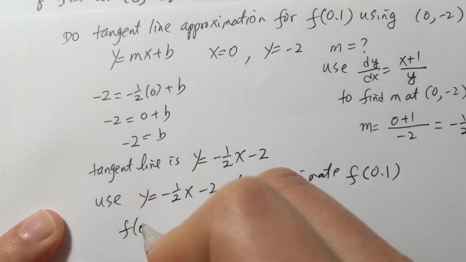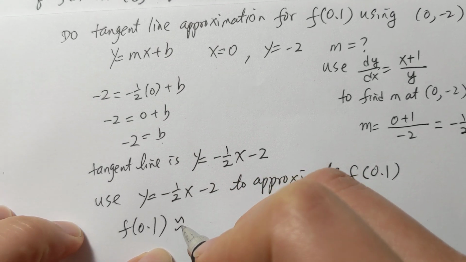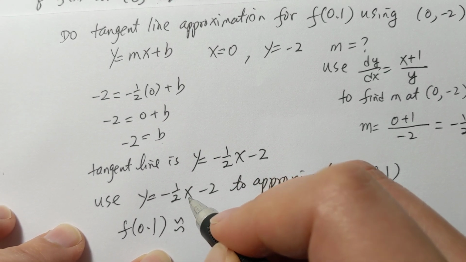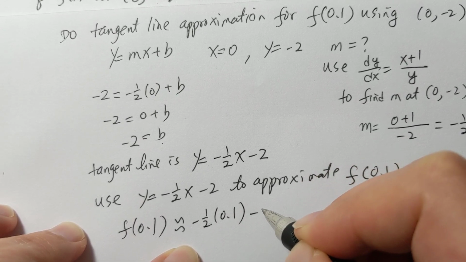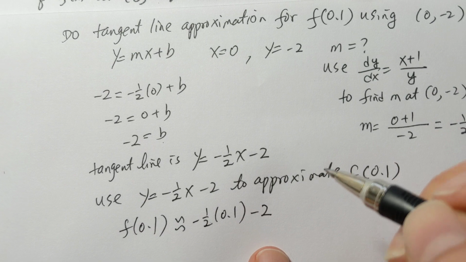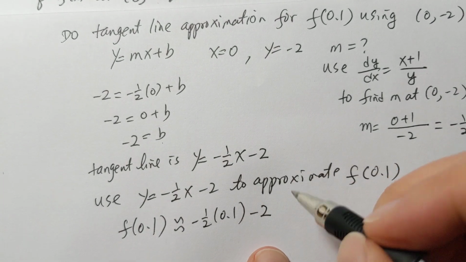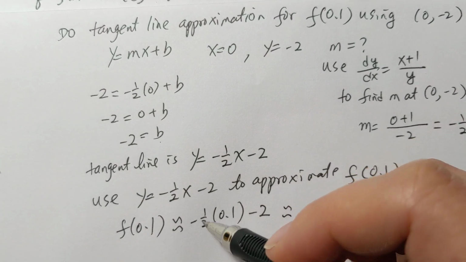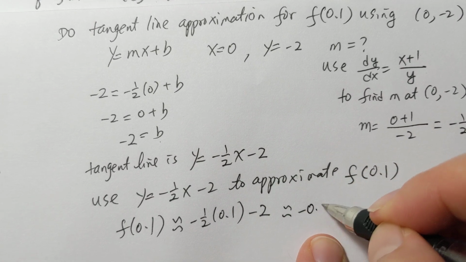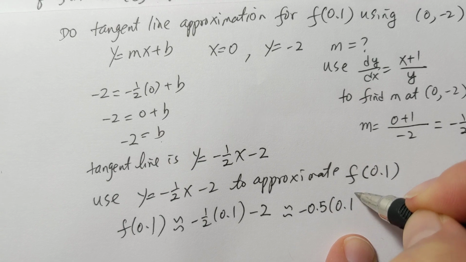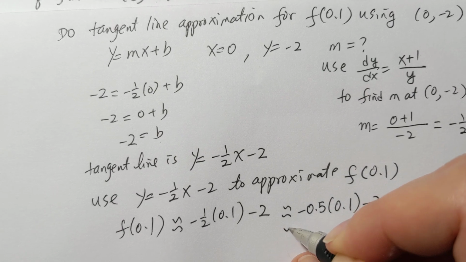Recall what we did before: all we have to do is substitute 0.1 into the x value. So we get negative 1/2 times 0.1 minus 2. You can use a calculator, but I'm not going to use one here because I can convert half into negative 0.5 times 0.1 minus 2.